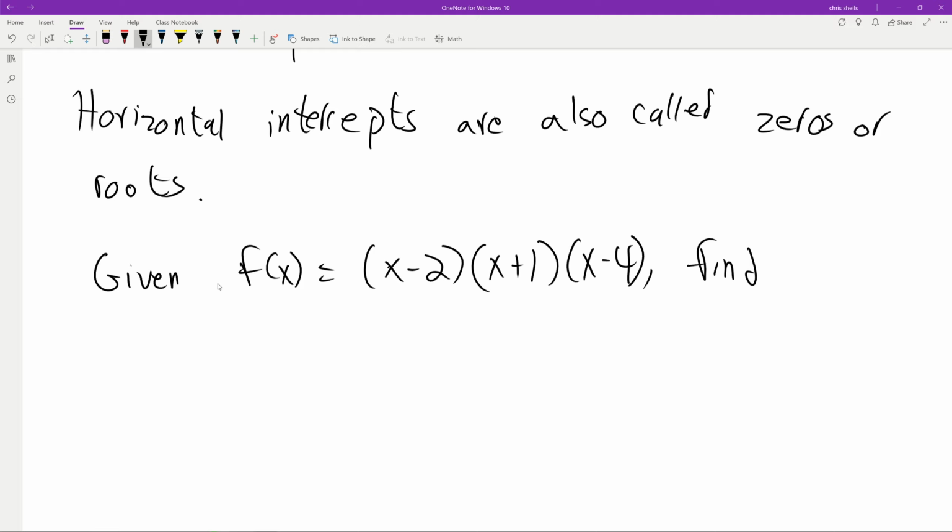Not asymptotes, I mean intercepts. My bad. I don't think that we haven't talked about asymptotes yet, but we will, I believe, in this chapter.